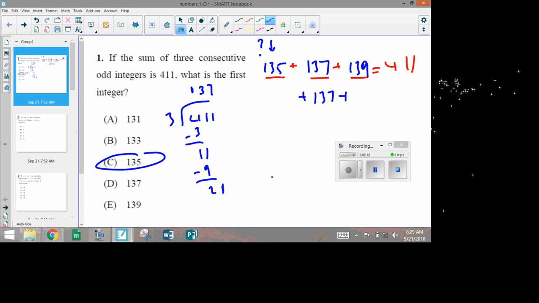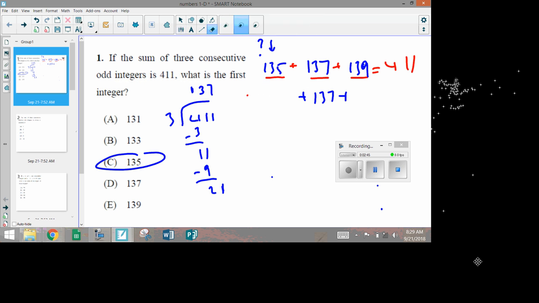Look at the one previous and this one: increased by 2, decreased by 2. If I increase the first integer by 2 and decrease the last integer by 2, will the result change?